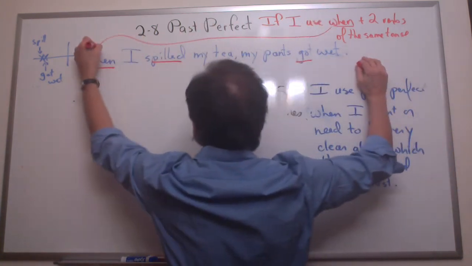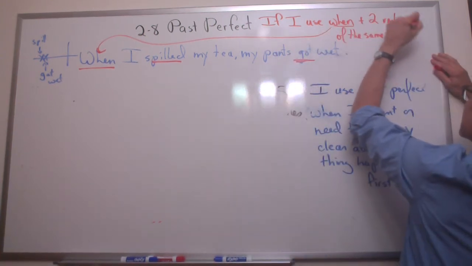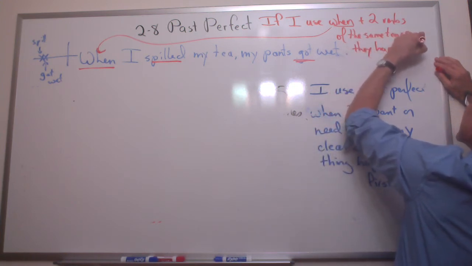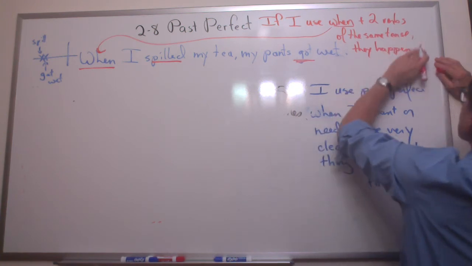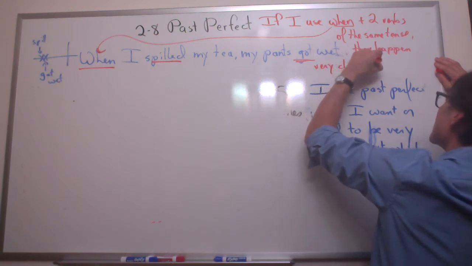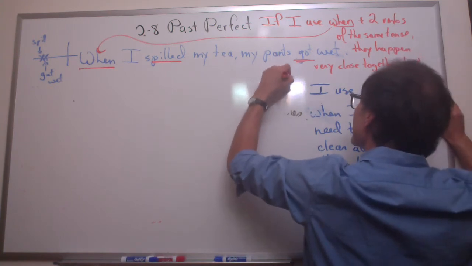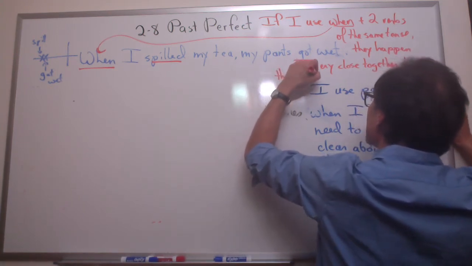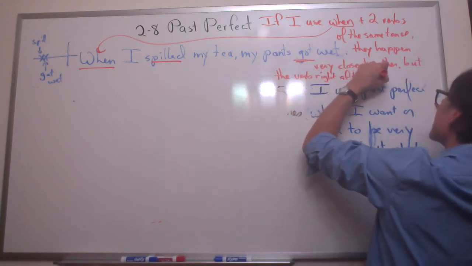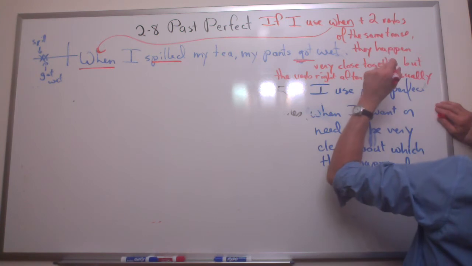So if I use when and two verbs of the same tense, they happen at almost the same time. Or let's say they happen very close together. But the verb right after when almost always. I'll write usually because it's shorter.